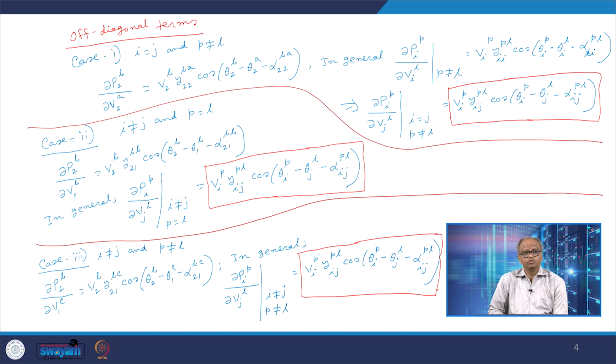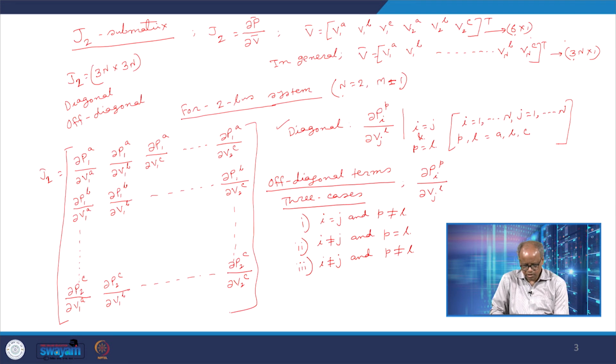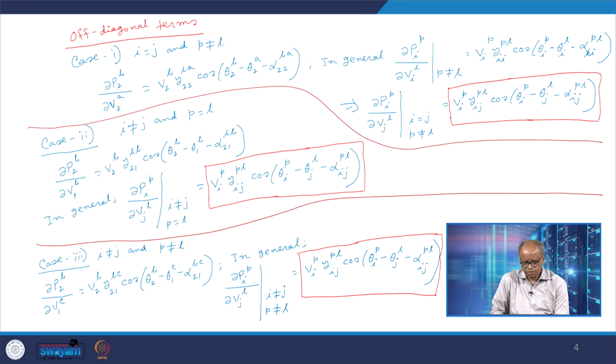Right. So, we can simply say now that for all the three cases corresponding to the off diagonal terms, the general expressions are all same. So, we can simply say that all off diagonal terms can be calculated just by this expression. It is a very simple expression, correct.